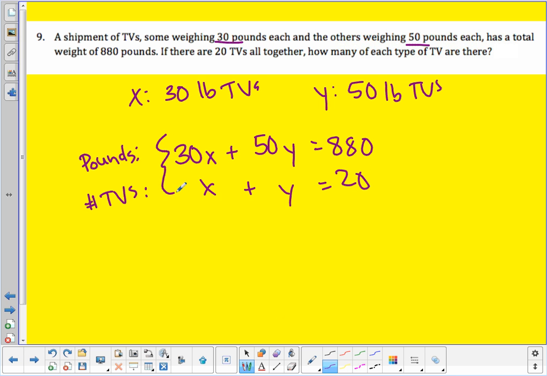There's my system. X's, Y's, equal signs, constants. I'm good. Now I need to multiply to make opposite coefficients. I'm going to take this bottom equation and I'm going to multiply by negative 30 because that's going to give me a positive 30, cancels the X terms. So the top equation stays the same.